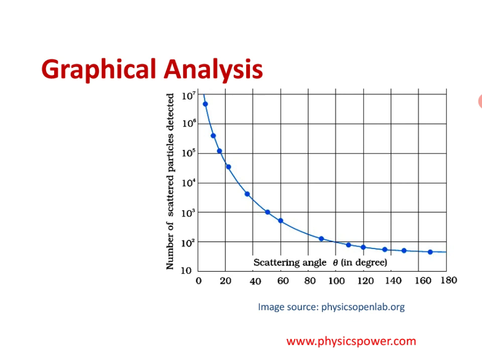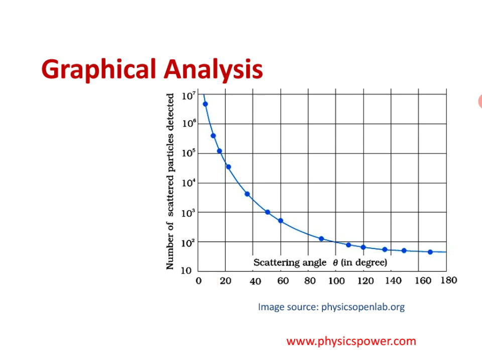At that time, what did he observe? A huge number of alpha particles he projected towards the gold foil, but the scattering angle is very small. It is between 0 and 20 degrees. Means many alpha particles are going towards the gold foil, but the deviation of the alpha particles is very small.